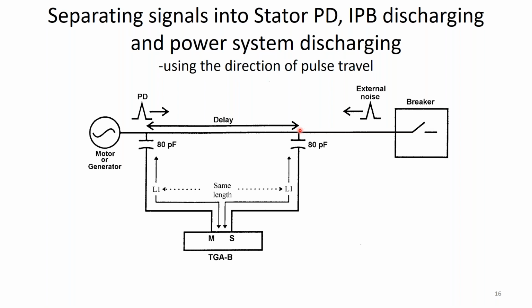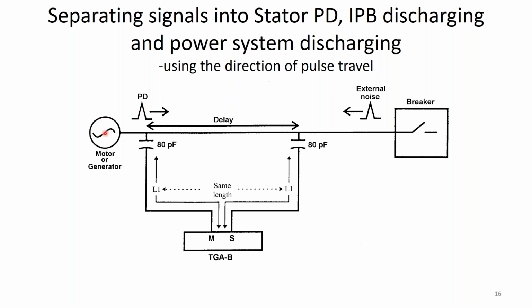And remember, electrical pulses take time to travel. There is something called the speed of light. The speed of electricity in air is 3 times 10 to the 8th meters per second, or 0.3 meters per nanosecond. So it takes time for a pulse to travel. Remember those PD pulses I showed you? That's why I showed you those pulses a while ago. Those pulses are very, very brief. They're only lasting a few nanoseconds. So we know precisely when they occur.